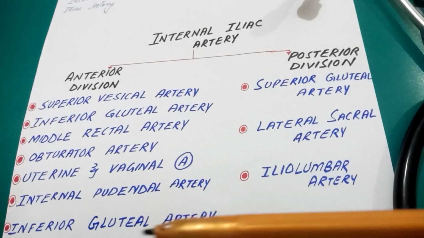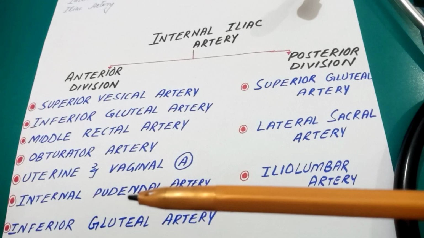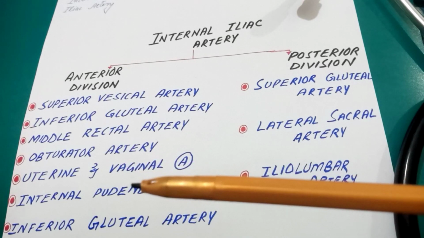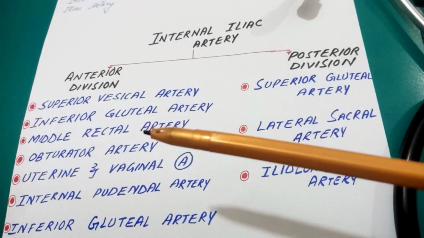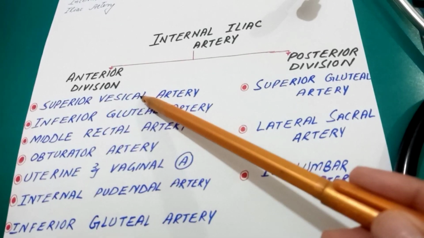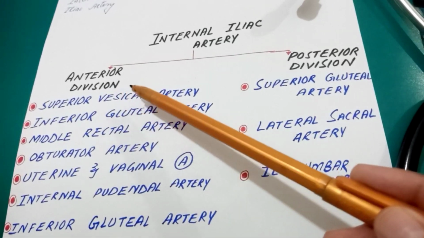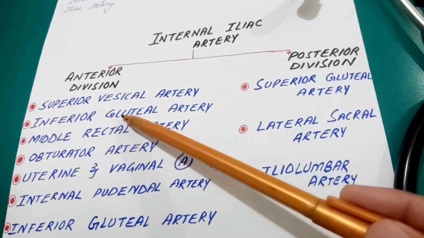So now we will talk about the branches of the anterior division of the internal iliac artery. These are very simple. You just have to remember that the anterior division of the internal iliac artery gives off superior vesical artery. If it gives superior, then it also gives inferior vesical artery. Sorry, it's not gluteal, it's inferior vesical artery.